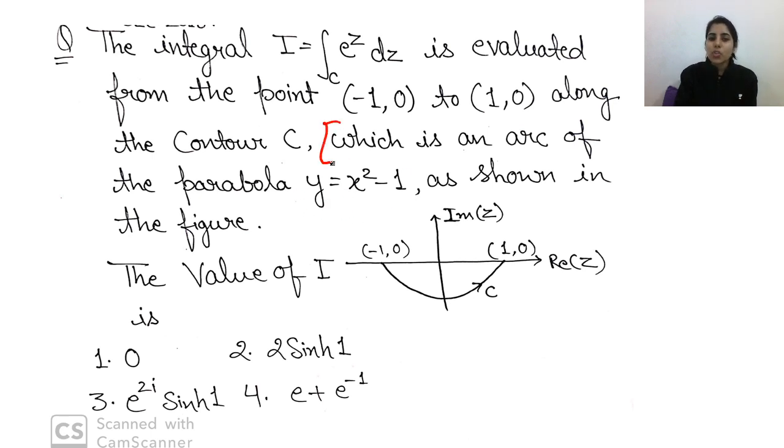In this question, this is just additional information. Already when they have provided you the figure, that figure is showing you that it is a parabola. But they have still mentioned it, so you don't need to worry about this part because it is just information about the figure. Clear? Now next, the value of the integration.